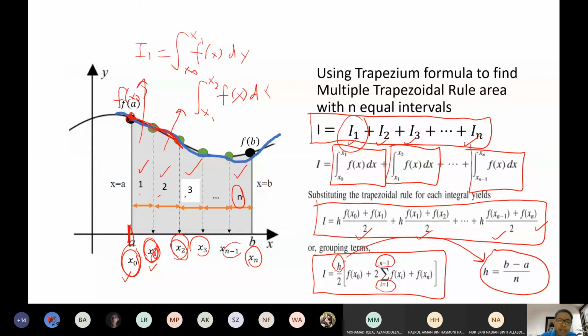You have to add up all of the heights from 1, 2, 3 until n minus 1, and the last one you add up the height of f(xn), which is this height. Okay, so that's how you obtain the formula for the multiple trapezoidal rule.